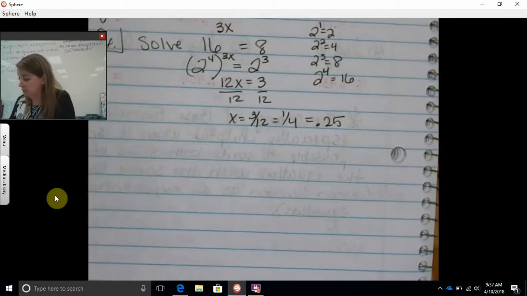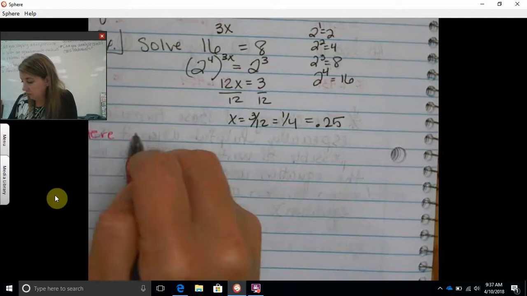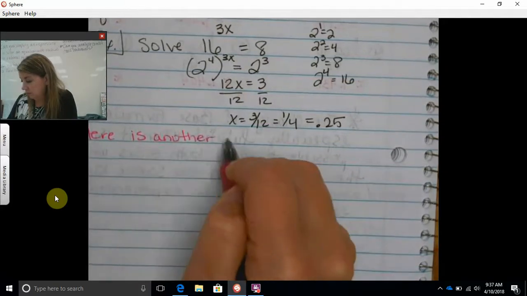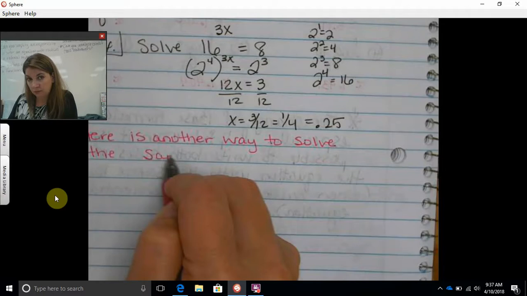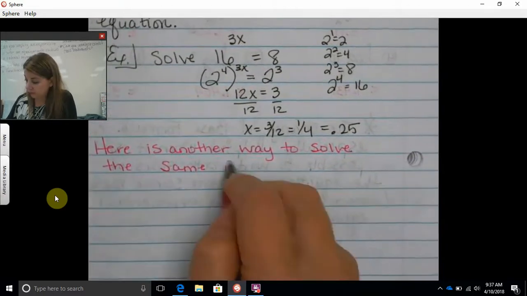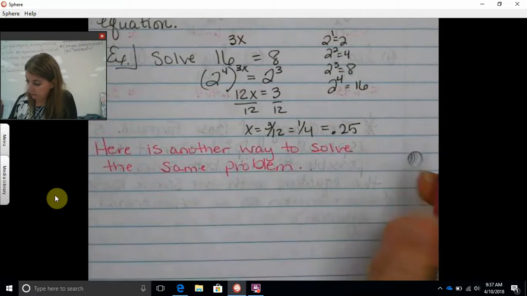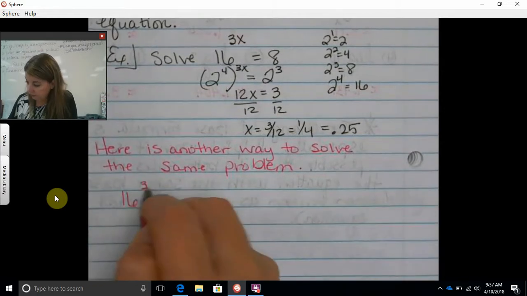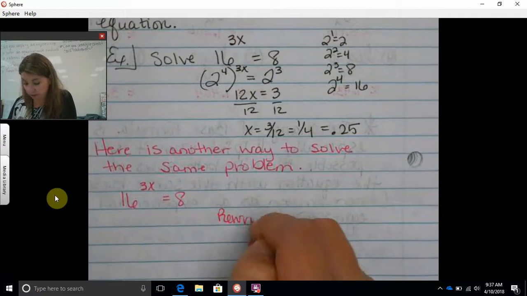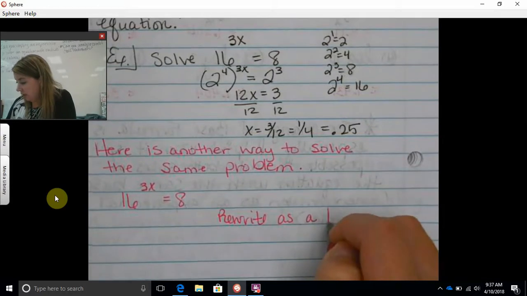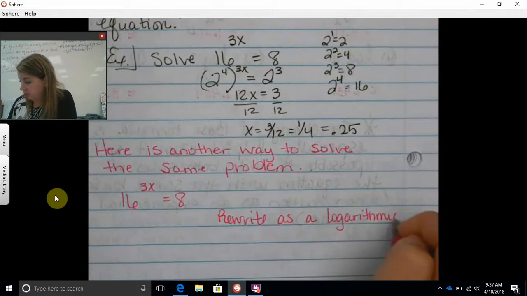Now I'm going to show you another way to solve the same problem. Another way, what you're going to do is rewrite it as a logarithmic equation.